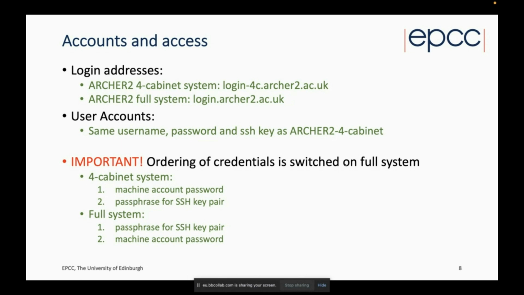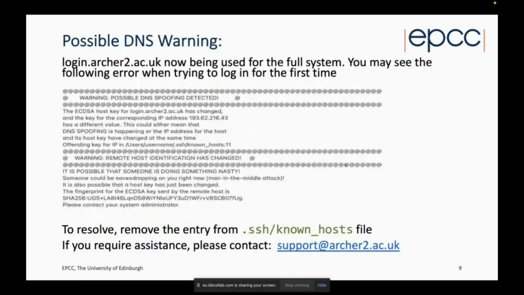Now on the full system, you will be asked for the passphrase for the SSH key pair first, and then your machine account password. This is just seen as a better way for the security protocols to work. So please do remember that.